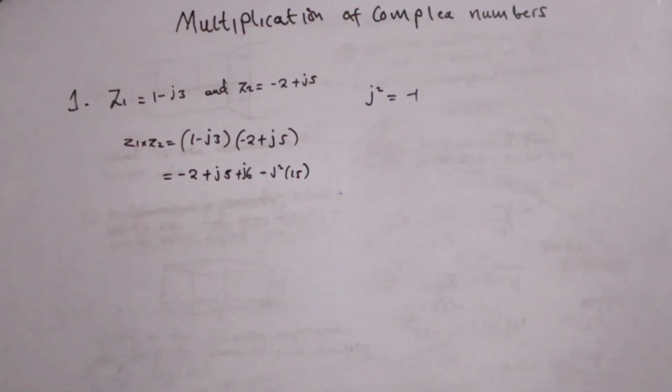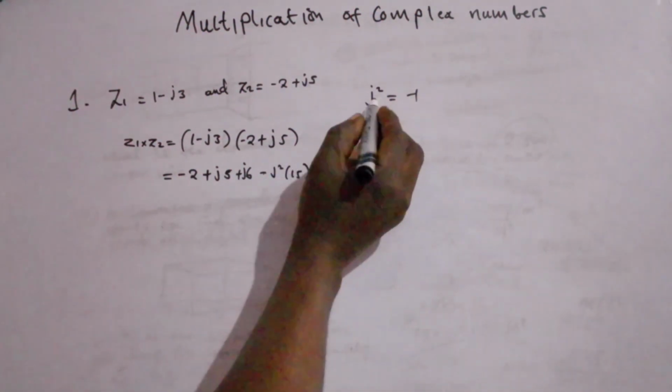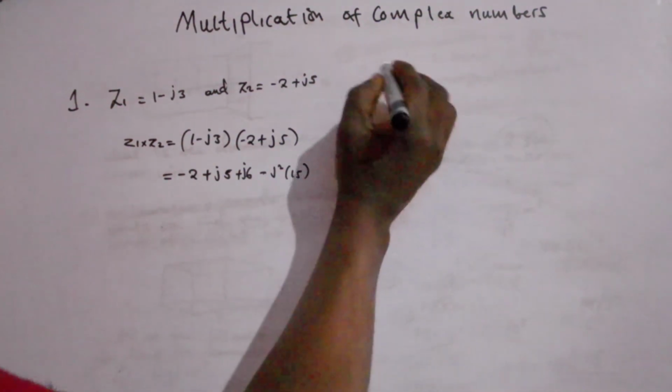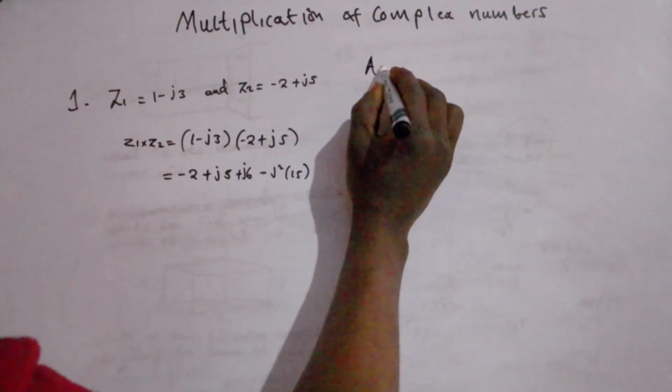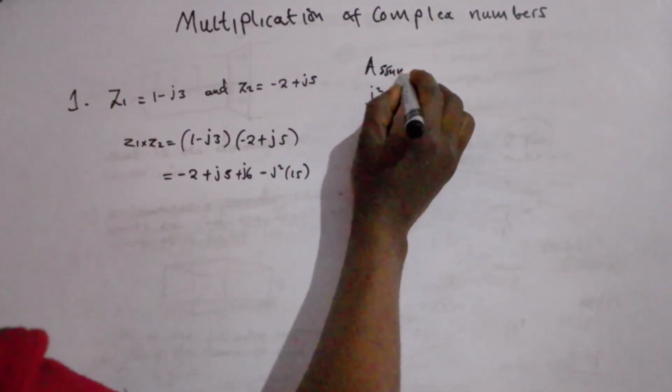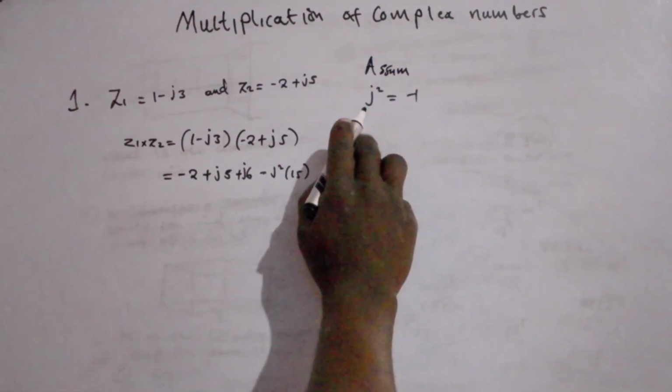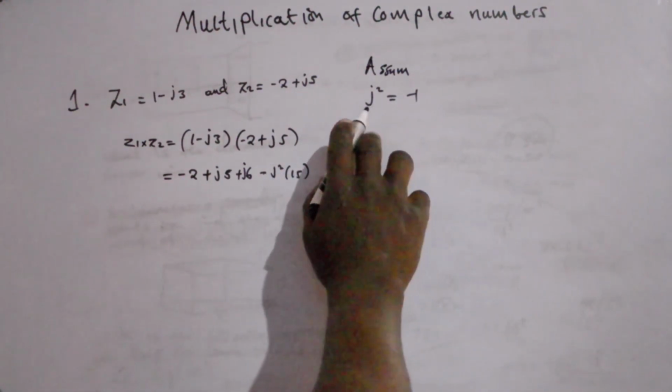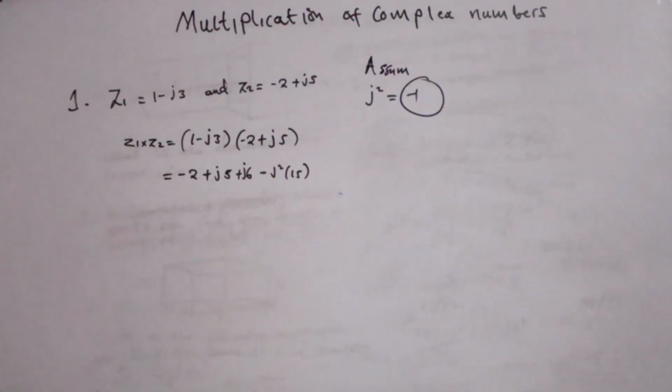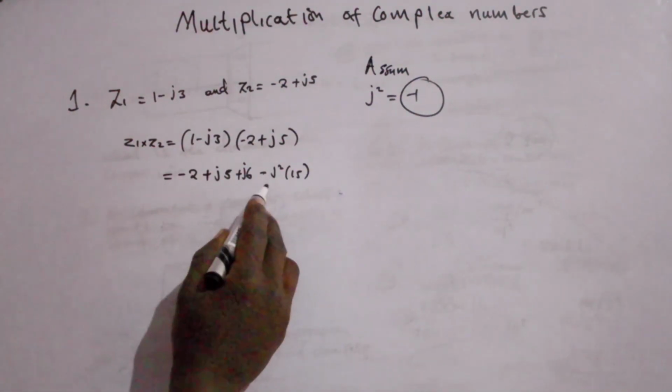Okay, and remember that we have said that you must assume all quantities in this form, where there is i squared, you should substitute with negative 1. If you can see here, you have this expression.